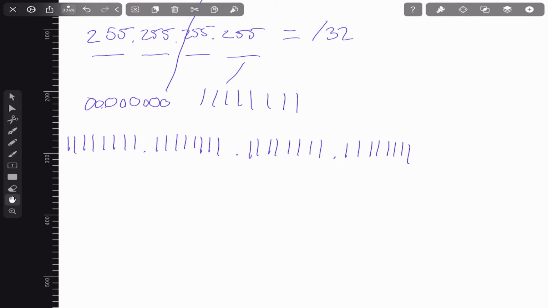You don't have any IP addresses here at all. You can't use any of them. Or, as a computer would say, because there's ones, you have all of them. So, actually, you have all of the IP addresses used up.